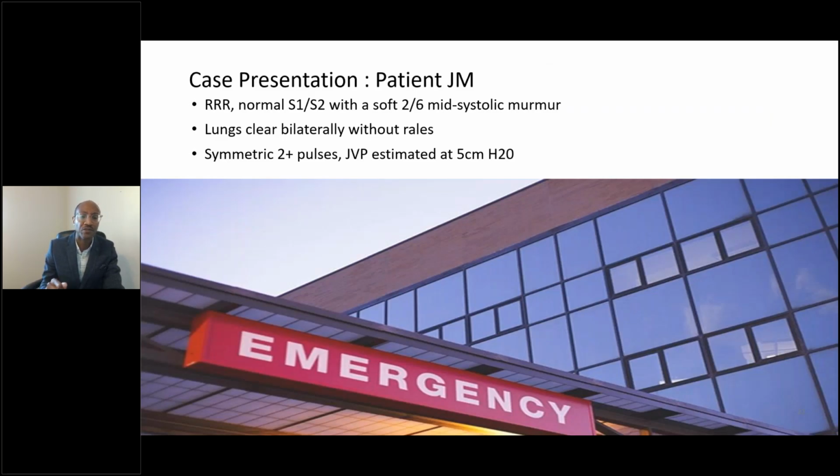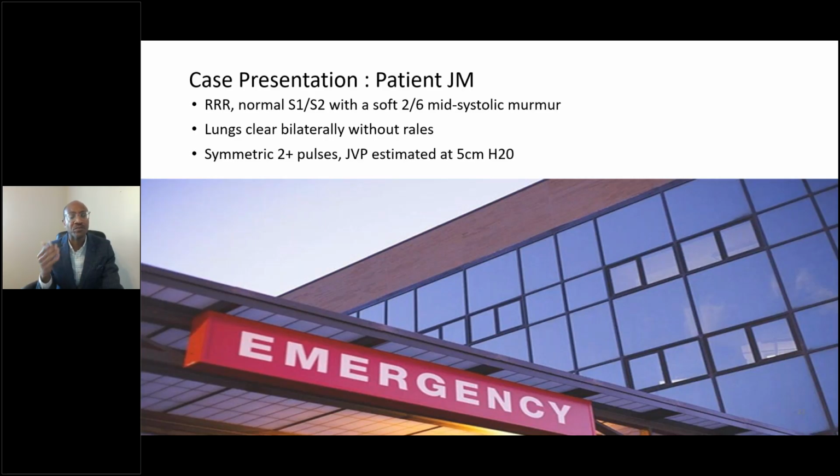So our patient, right, is not really presenting with a lot of suggestive findings. She has a really soft 2 out of 6 mid systolic murmur, really benign, not suggestive of anything pathologic. She has clear lungs bilaterally, symmetric pulses. Her bilateral blood pressures down in the emergency room are without significant differential.